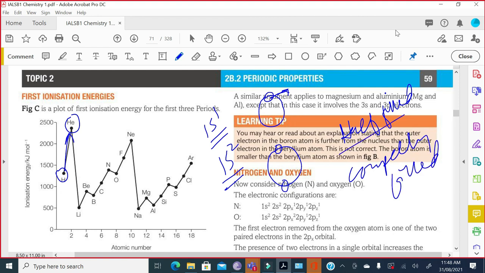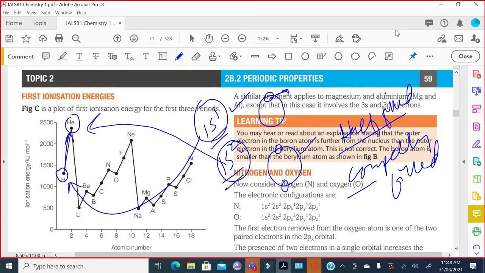If we compare half filled and completely filled, which one is more stable? The completely filled is more stable, right? Yes, sir. So to remove 1 electron from half filled is easy as compared to removing 1 electron from completely filled. So this one needs less energy and this one needs more energy. This is for hydrogen with less energy and this is for helium with more energy. Are we clear? Yes, sir.